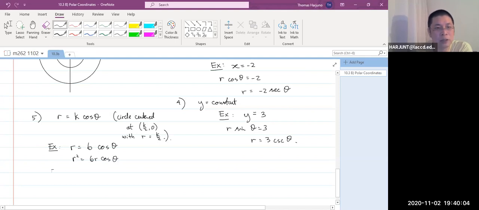The purpose is so that on the left-hand side, I get x squared plus y squared, and on the right-hand side, I get 6x. I move the 6x to the other side, and then complete the square.